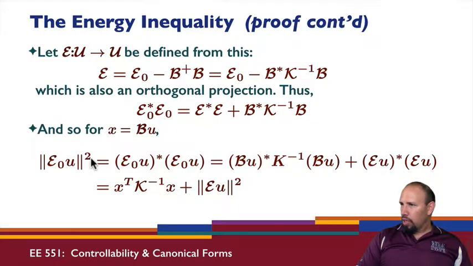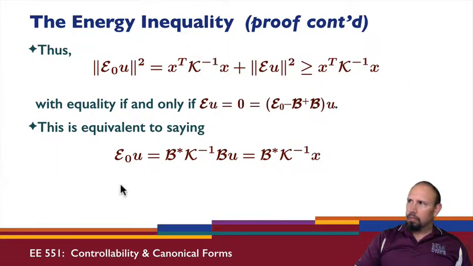So the energy in the interval between t naught and t can be written this way in terms of this new operator, energy squared, plus this quantity. As a result, this quantity is equal to this.